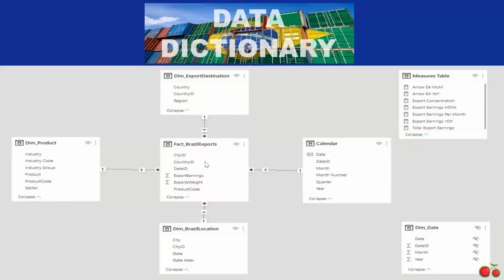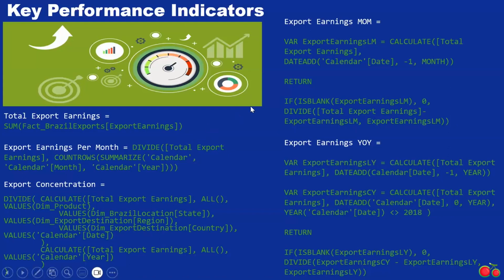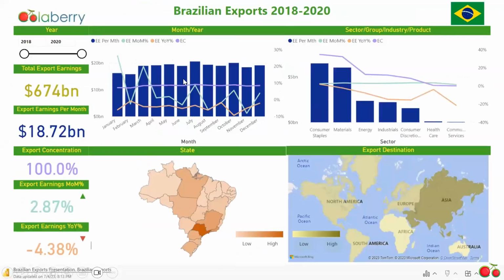And yeah, one fact table, 4 dimension tables, and a measures table. And here I have 5 KPIs: total export earnings, export earnings per month, export concentration, export earnings month over month, and export earnings year over year, which I will shortly go through when I show my report.